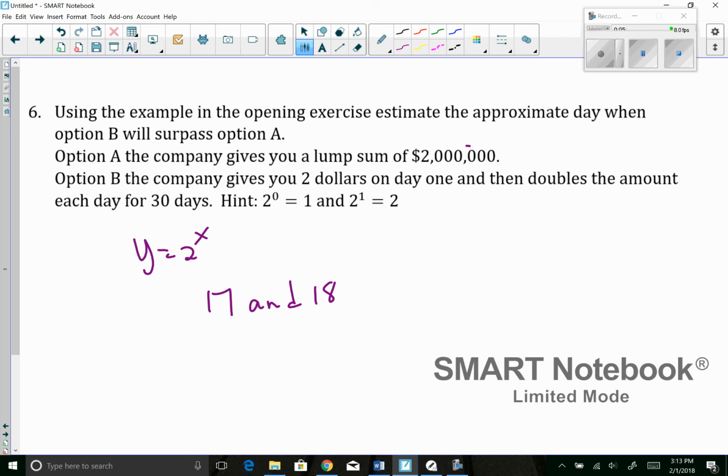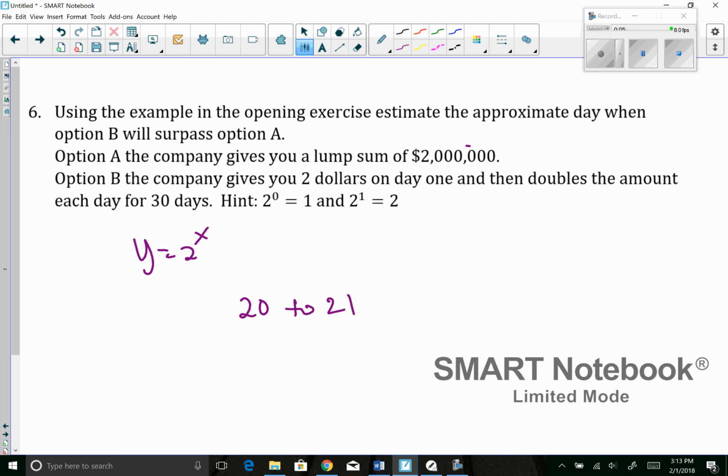Oh, never mind. Sorry. From 20 to 21. That's my bad. I was looking at 100,000s and not millions. So when I go from 20 to 21, I jump from 1 million to 2 million. So somewhere between the 20th and 21st day, I'm going to hit this $2 million mark.